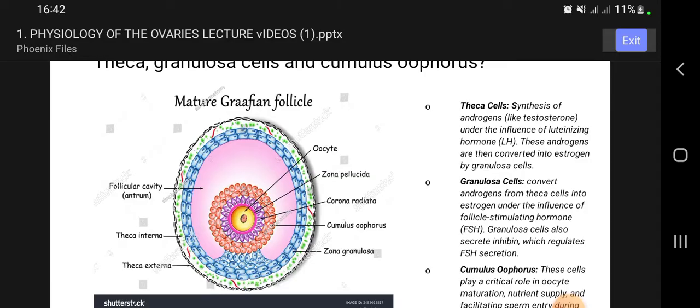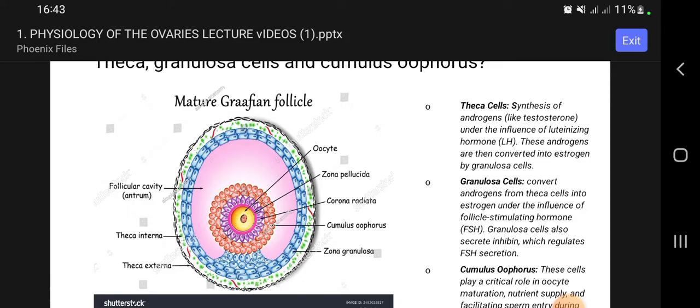We have the theca cells, the theca externa and the theca interna. These cells secrete androgens under the influence of luteinizing hormone. But next to the theca cells, we have the zona granulosa.